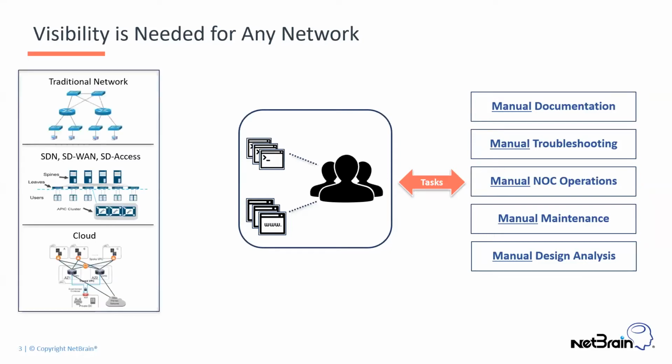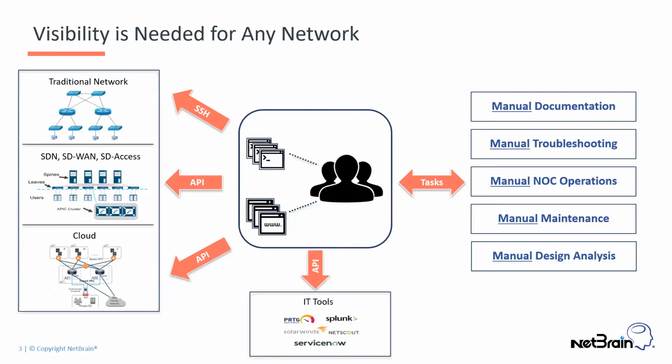It's a given that today's network engineers need visibility for any type of network. Environments now are complex, multi-vendor, multi-technology, encompassing the traditional on-premises, software-defined, as well as public cloud. And in the absence of automation, human engineers are pulling in data via cumbersome command line or API interfaces sequentially and manually.